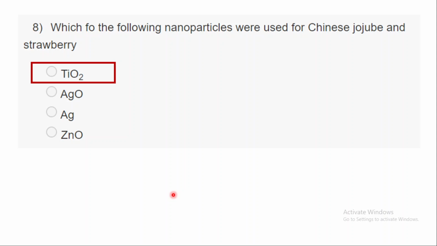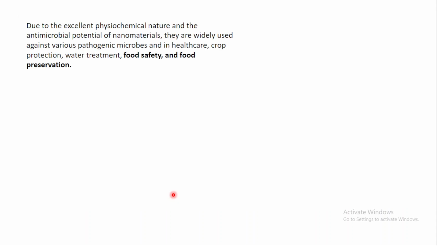Titanium dioxide nanoparticles are used for Chinese jujube and strawberry preservation and increasing their quality. Due to their excellent physiochemical nature and antimicrobial potential, nanomaterials are widely used against pathogenic microbes in healthcare, crop protection, water treatment, food safety, and food preservation.